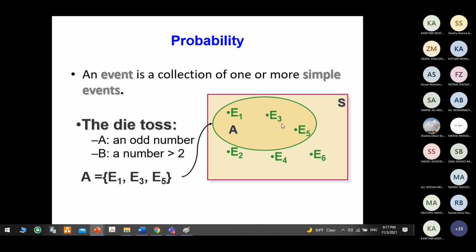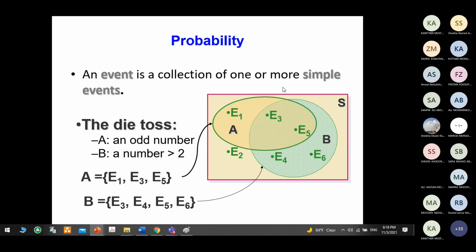This circle represents an event within the sample space of our example. B are the numbers greater than 2, so I circle them in this way. So in this sample space, we define two events, A and B. We define them by writing text, as an example A, an odd number, or we represent it by formula, between two brackets E1, E3, E5, or we circle these outputs inside the graph, in this figure of the sample space.